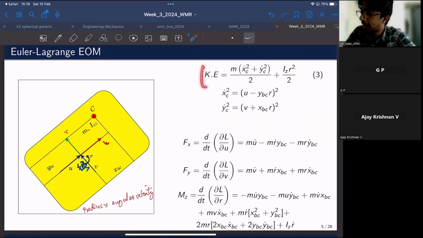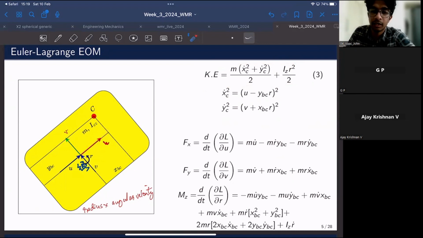So this is our total kinetic energy, and we have established that the potential energy can be treated as zero, because we can consider this plane to be the datum plane itself, right? So how do you get the net forces along the x-axis?